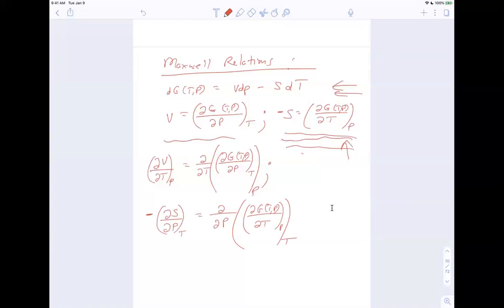Those are the two second-order partial derivatives of G, and that's really all we can do, because G depends on two variables.